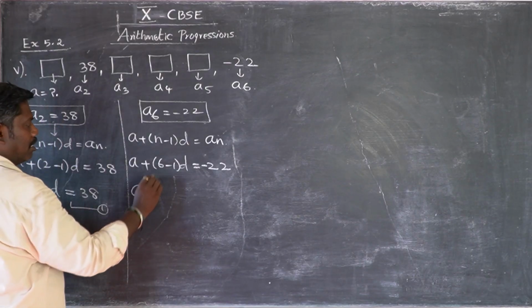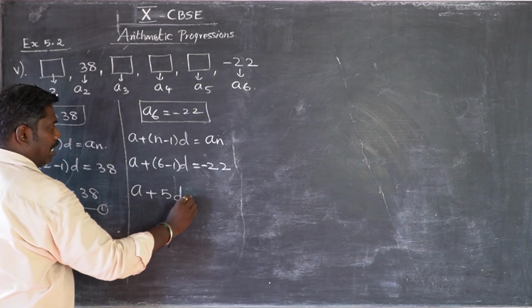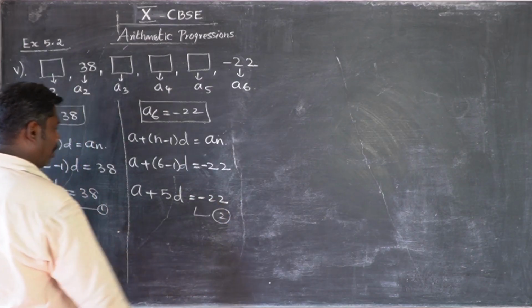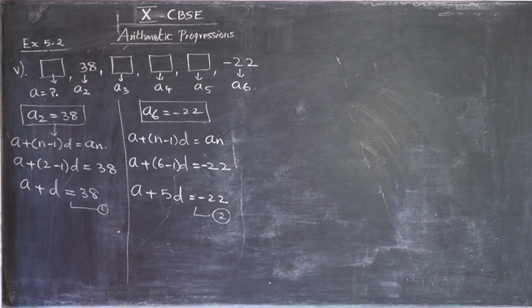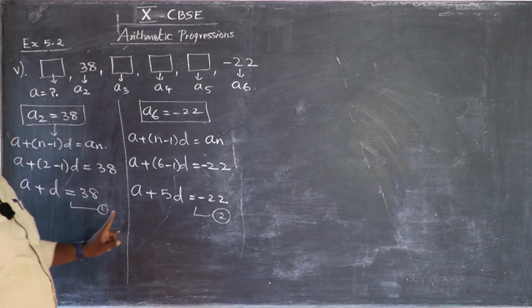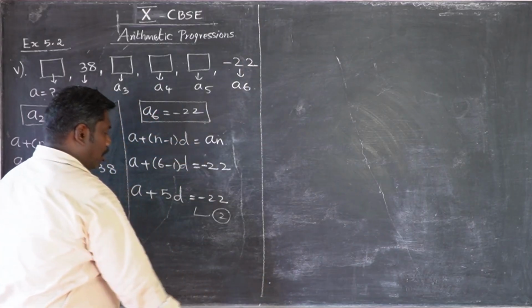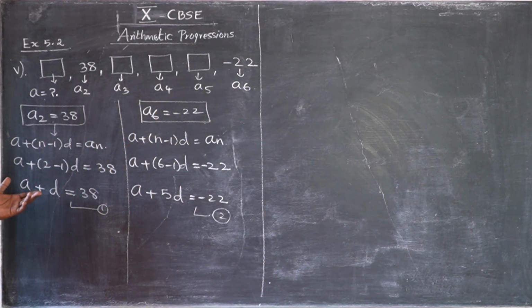Here A plus 6 minus 1, 5D is equal to minus 22. Take it as second equation. So now we have two equations, equation number 1 and equation number 2. By solving equation number 1 and 2, we can get A value and the common difference.